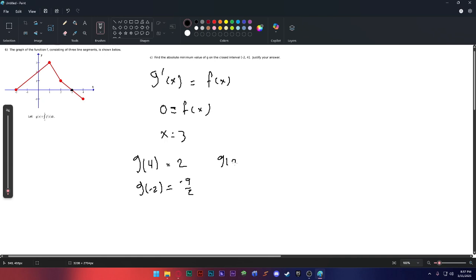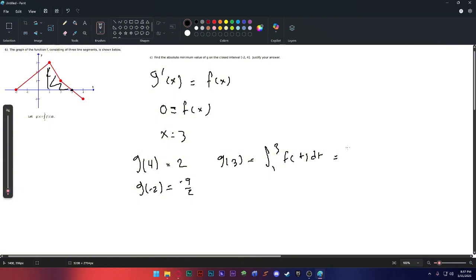And G of 3, we actually don't know yet, but we're about to find that out right now to see if it's smaller. And now this is just the same as part A. We're going to just find the shapes, find the area for the shapes under the curve from 1 to 3. So it's just this stuff.